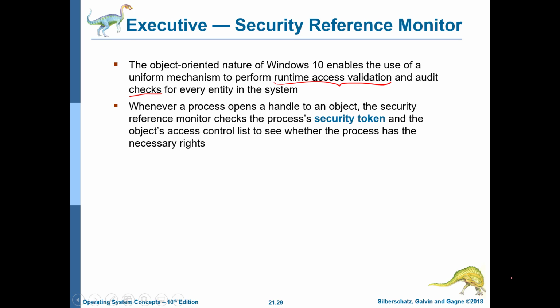So whenever any given process opens an object handle, we do two things. One is we check the access control list to find if the process or the group that the user who has initiated the process belongs to, do they have adequate permissions for opening this object? Another method is that we can look at the process's security token. So it is possible to issue a security token to a process. In that case, if the process has the token and the object accepts that token, it can access that object.